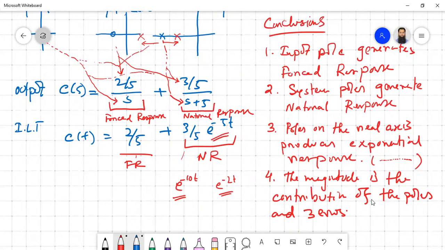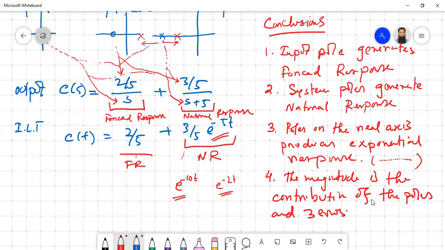Whether you have noticed or not, the zero is only contributing to the magnitude, or say it can be contributing to the final value as well, because 2/5 is the final value as t approaches infinity. The other term will vanish to zero.